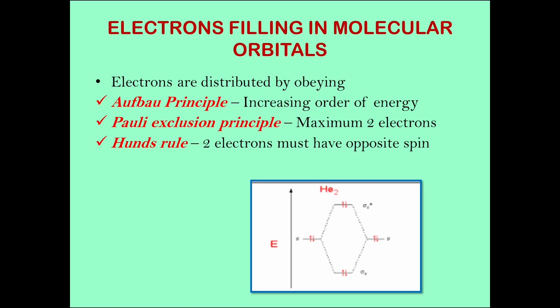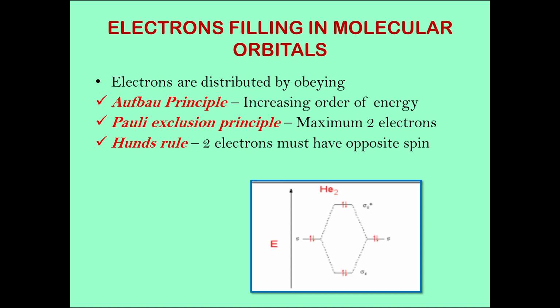The electrons should be filled in the molecular orbitals using the Aufbau principle, Pauli exclusion principle, and Hund's rule. The Aufbau principle is the increasing order of energy: electrons should be filled in increasing order of energy. First, the lowest energy molecular orbital should be filled, and only then the next higher energy molecular orbital.